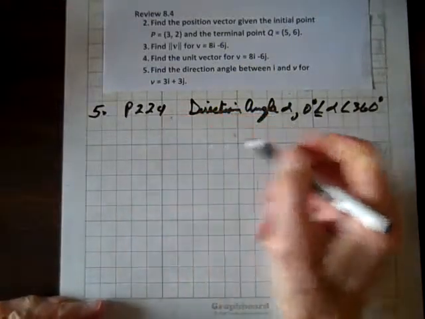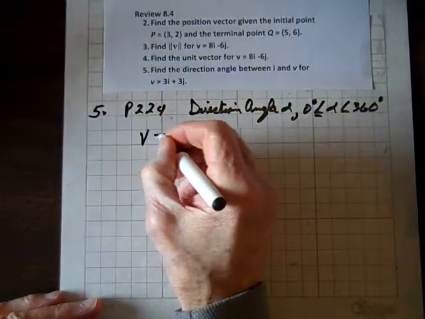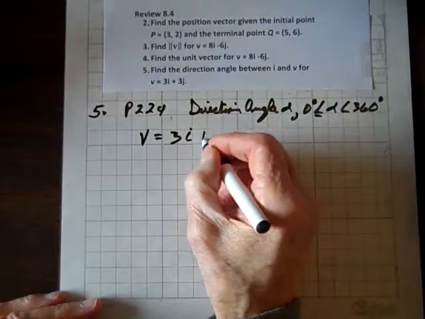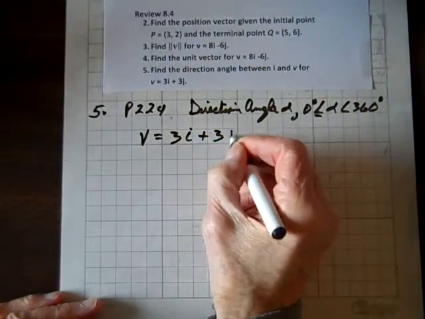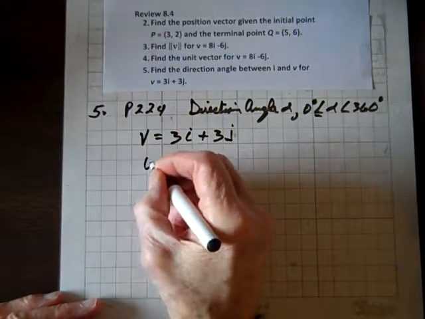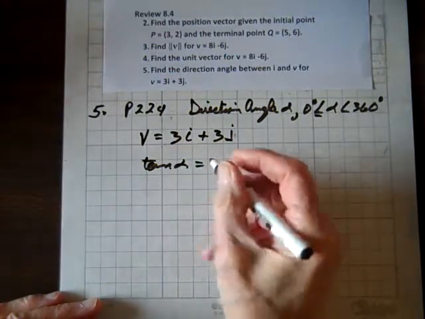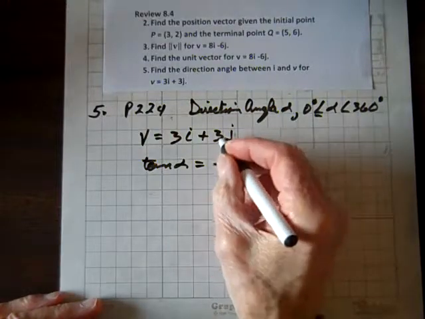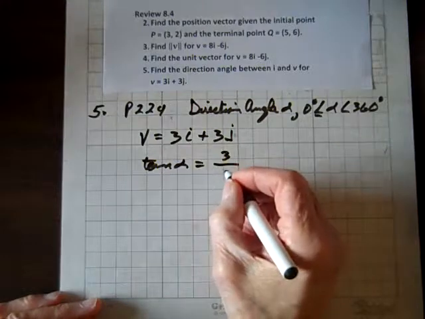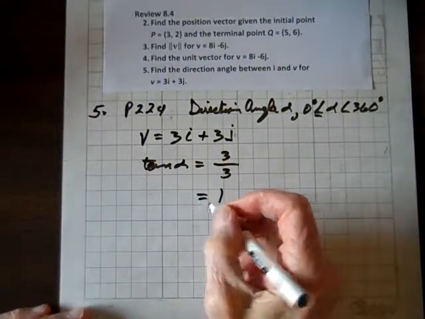So then to find the angle, we know that v equals 3i plus 3j. So then the tangent of alpha equals the coefficient on j over the coefficient on i, which equals 1.